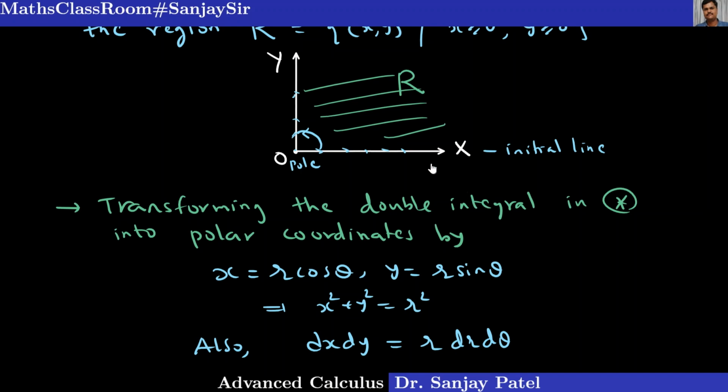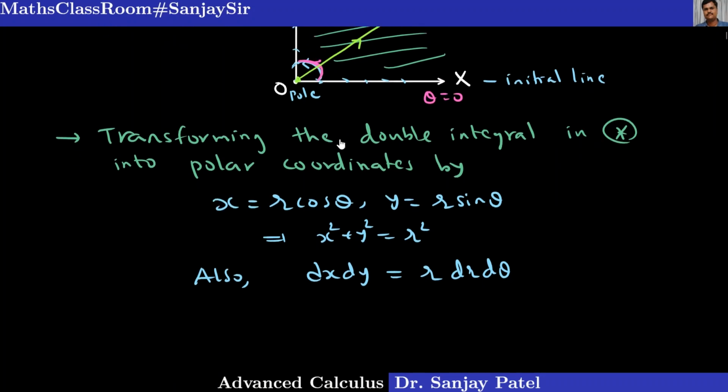So this is theta equal to 0 and this is the line theta equal to pi by 2. So theta varies from 0 to pi by 2 and r changes from 0, that is the origin, up to infinity. So r varies from 0 to infinity.